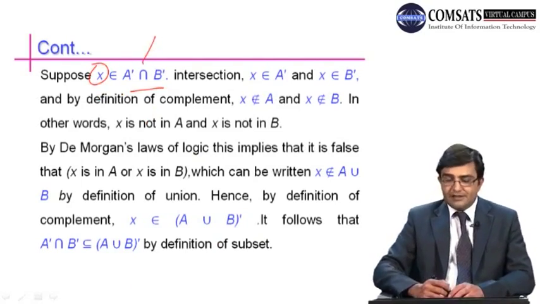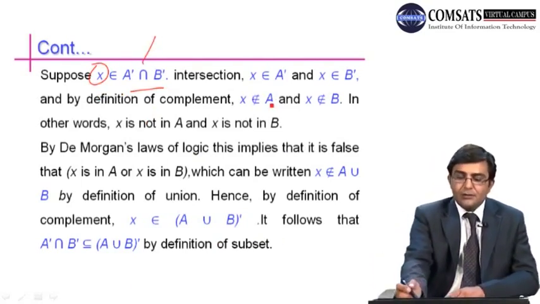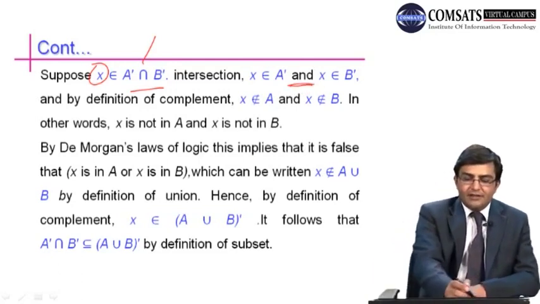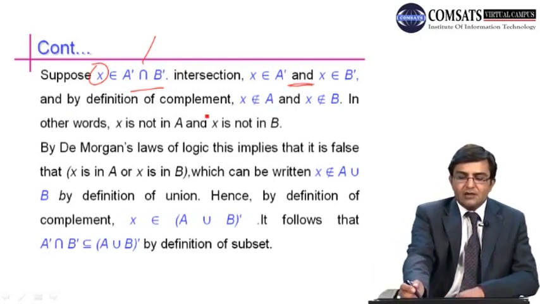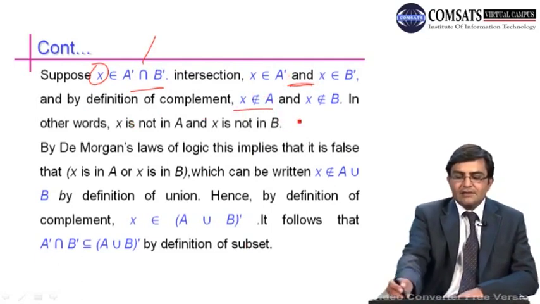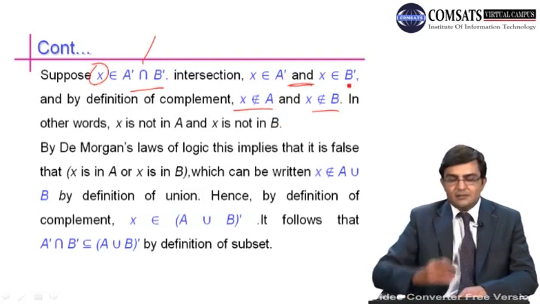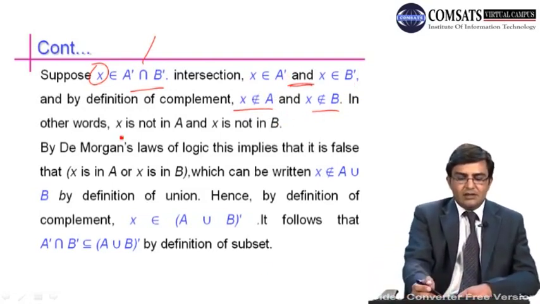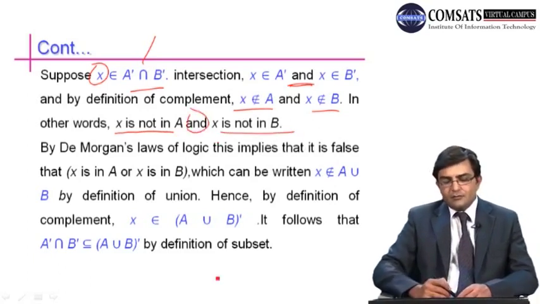By the definition of intersection, we can say that x belongs to A complement and x belongs to B complement. And by the definition of complement, if x belongs to A complement, then x doesn't belong to A, and x doesn't belong to B by the same argument. In other words, x is not in A and x is not in B.